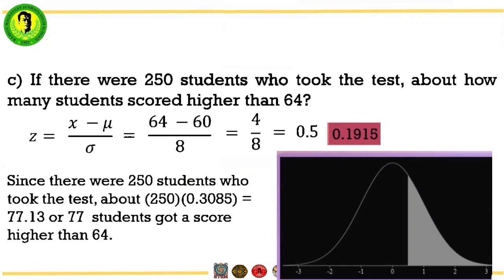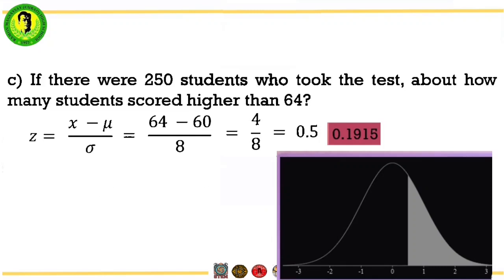Okay, so the actual area is, what is 0.5 minus 0.1915? 0.3085. So what do we do with 0.3085? There were 250 students. So the probability of students who scored higher than 64 is about 31%.